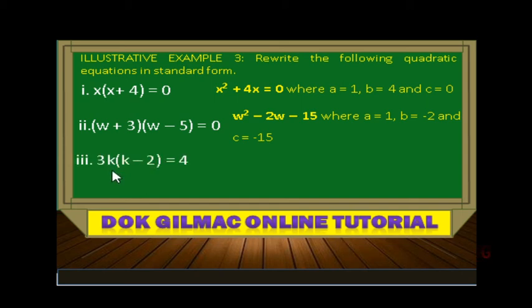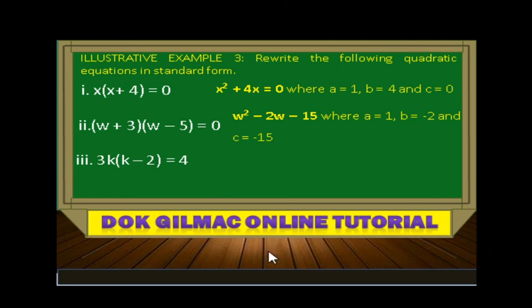Triple I. 3k times the quantity k minus 2 equals 4. Again, multiply 3k by k and 3k by negative 2. Apply the distributive property.